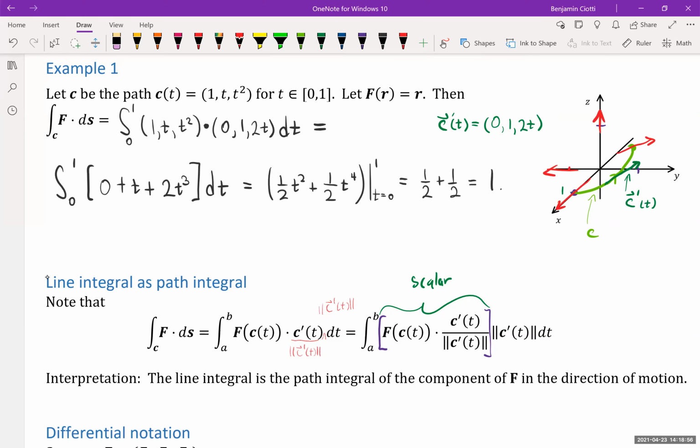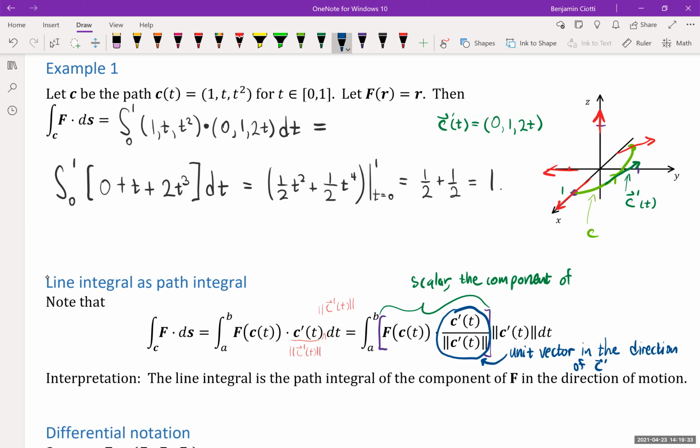And moreover, that scalar is the component of, well, let's look at what F is being dotted with. This right here is the unit vector in the direction of C prime.